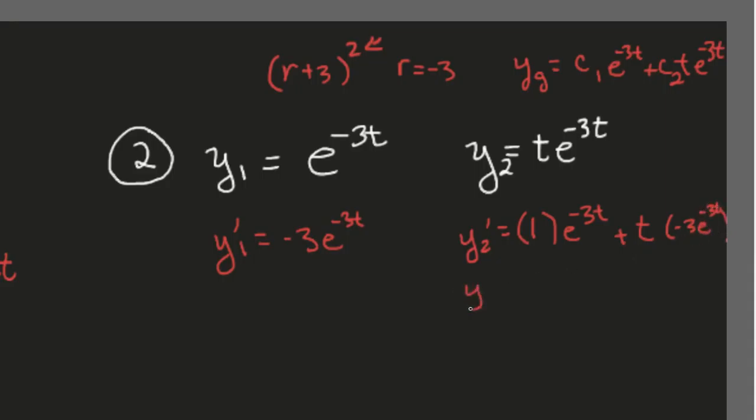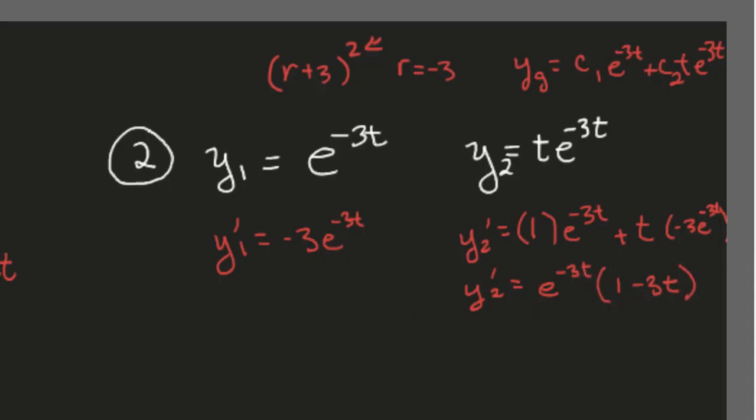So if we were to rewrite that in a neater form, we could factor out that e to the negative 3t and get 1 minus 3t. Had to factor to figure out what's left behind.